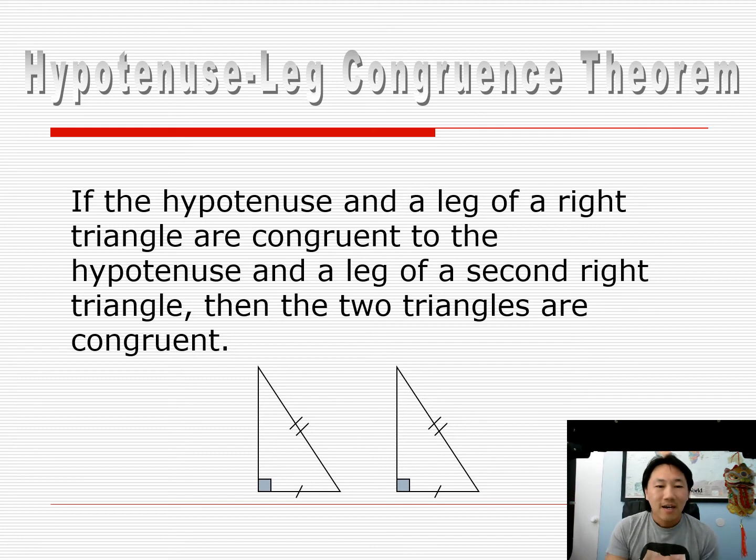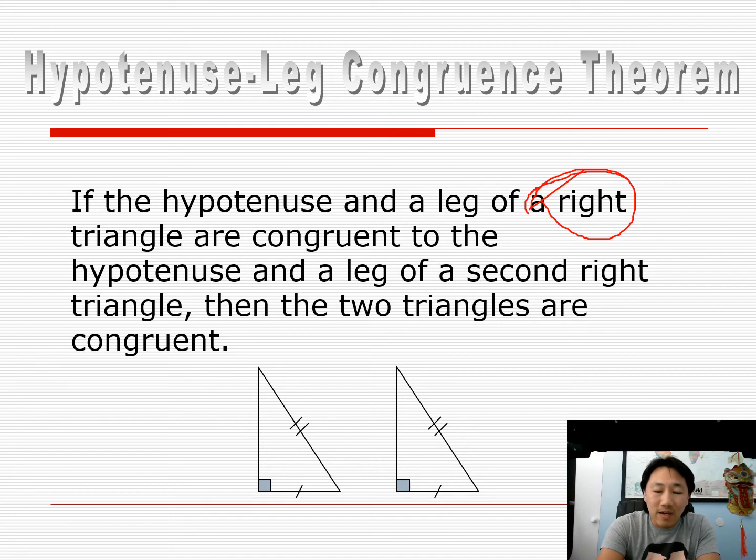The theorem says if the hypotenuse and a leg of a right triangle are congruent to the hypotenuse and the leg of a second right triangle, then the two triangles are congruent. So the key word here is right triangle. This theorem only works with right triangles.